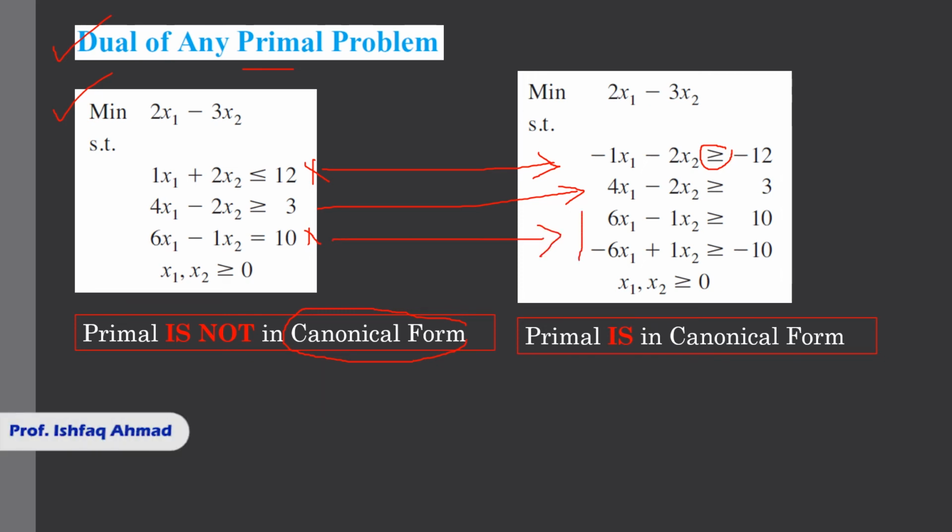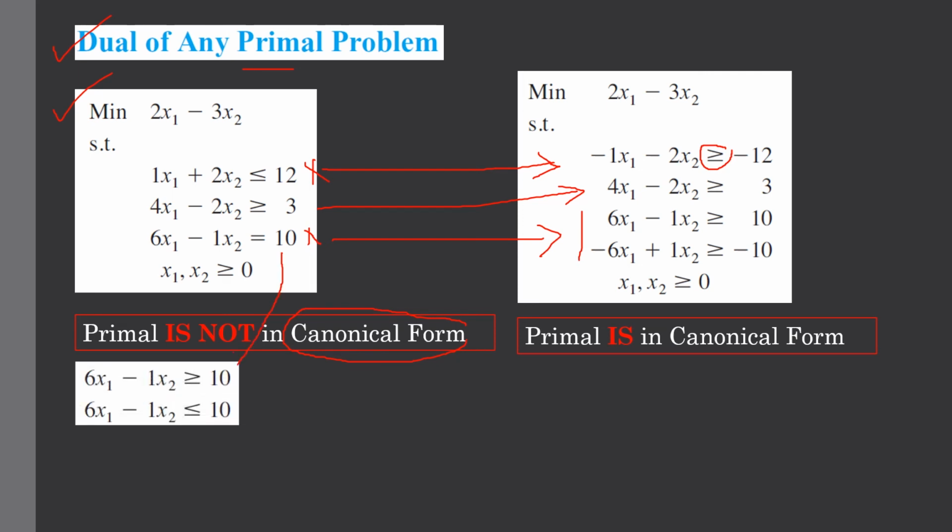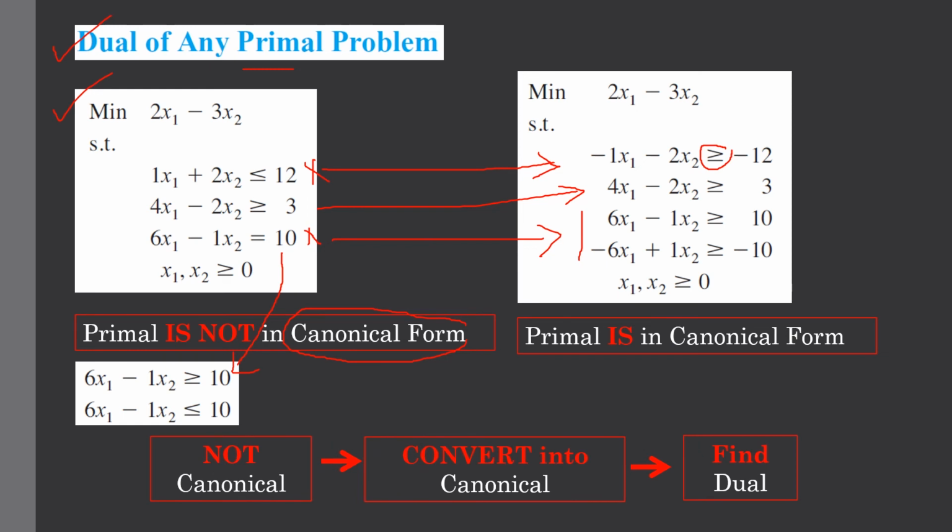In this case, we can observe first we write the third constraint into two inequalities, and then these inequalities are incorporated in the canonical form of the original problem. So when we find a problem which is not in canonical form, then first we convert it into its canonical form, and then we find the dual problem of the original problem.